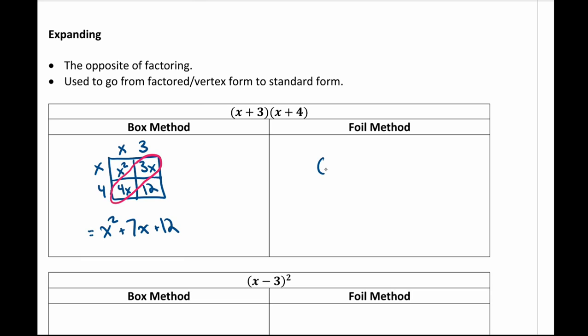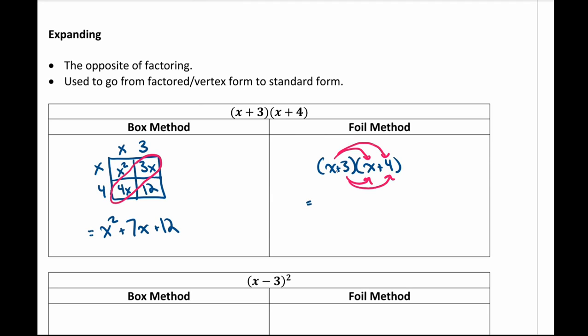For the FOIL method, it's going to be something similar, and you may have learned this in grade 10 as well. So again, if you're comfortable using this method, it's up to you. But FOIL means the first two numbers in the brackets multiply, the outside two numbers multiply, the inside two numbers, and then the last numbers of each bracket.